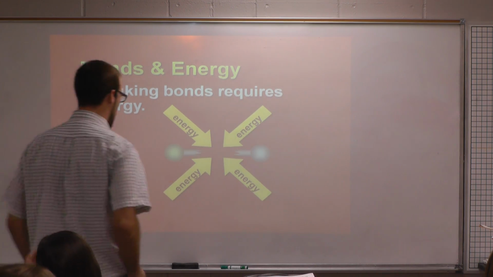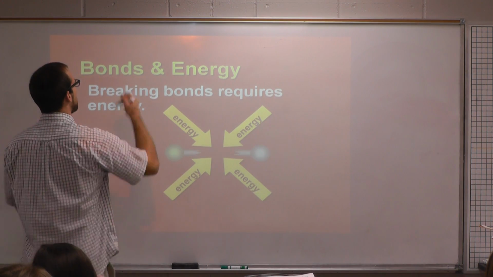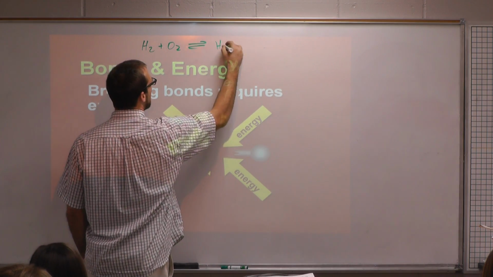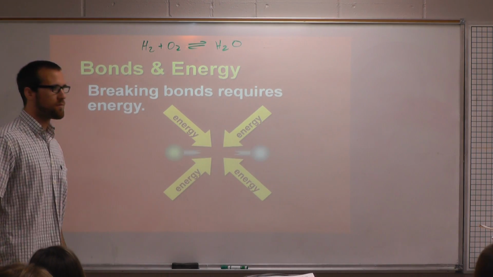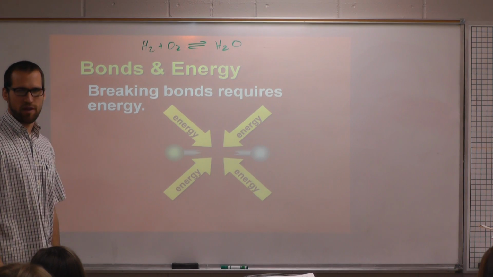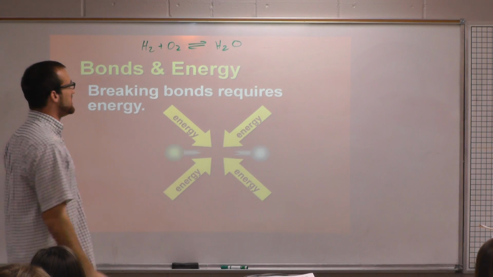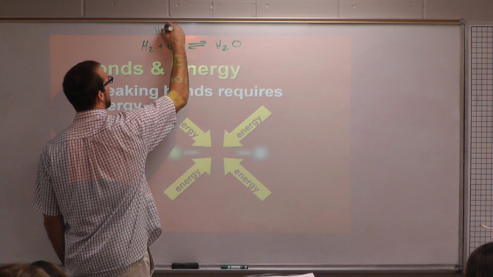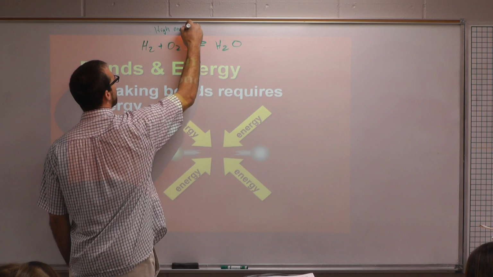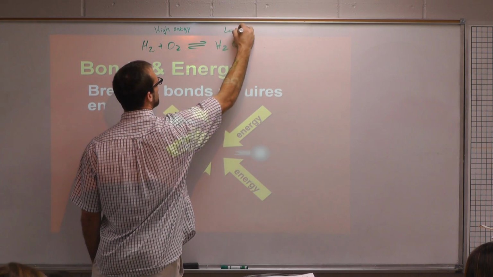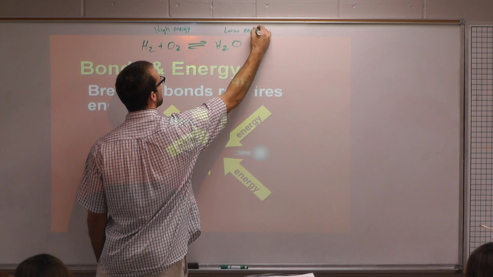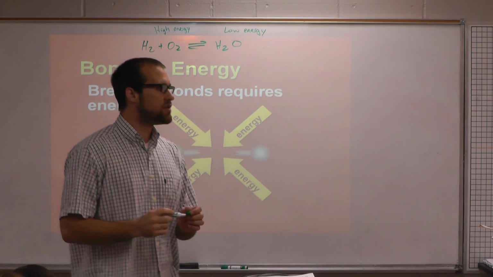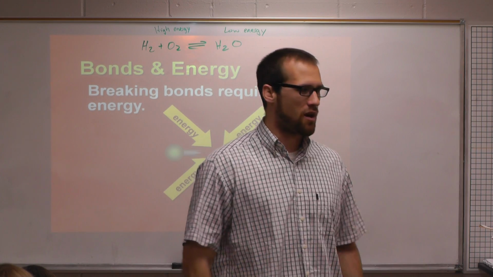Bonds breaking require energy. Now we talked about this. I'm going to quickly show you an example I showed you last chapter. We're going to try to make it quick here. Why do things bond? They become stable. What does stable mean from an energy standpoint? Low energy. So we would assume then that this would have high energy, right? Yep. And this would have low energy, correct? Yep. All right. So breaking bonds requires energy.